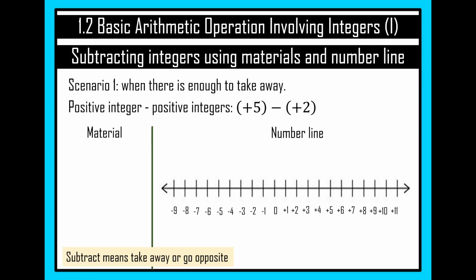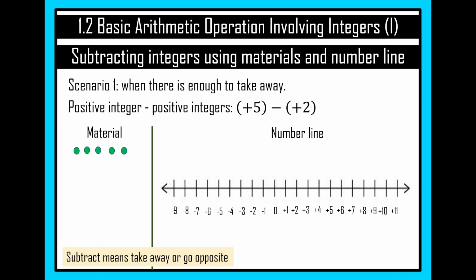Next, we are going to look at how to subtract integers using materials and number line. Let's look at the first scenario where there is enough to take away. We are going to look at one example, positive 5 minus positive 2.